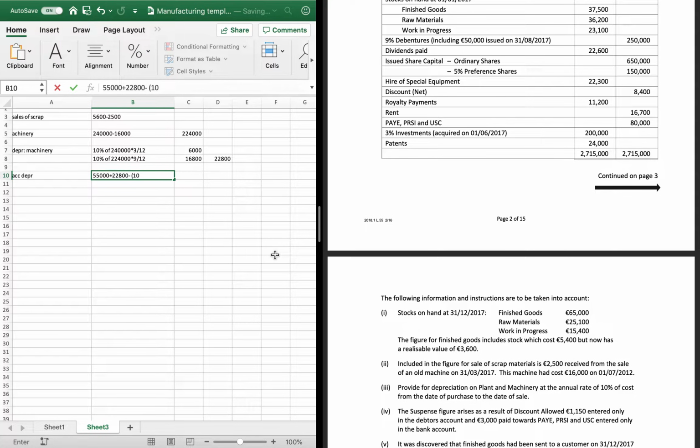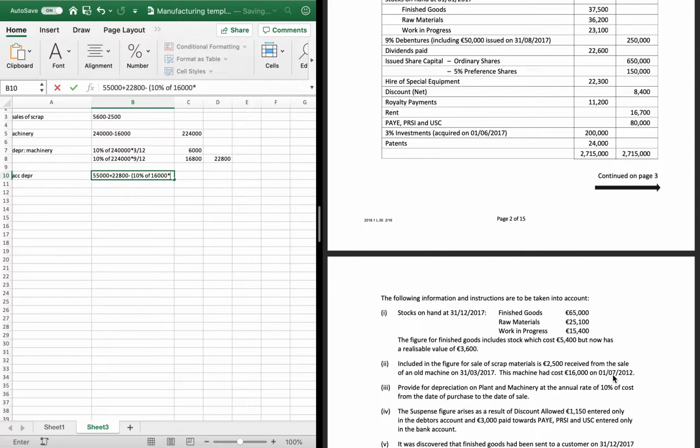So that's going to be 10% of 16,000 multiplied by the number of months we had it for. It had cost 16,000 on the first of the 7th, 2012. So we have it for 6 months in 2012. We have it for all of 13, 14, 15, and 16. So that's 4 full years, which is 48 months.